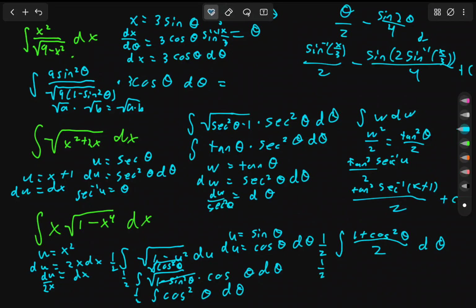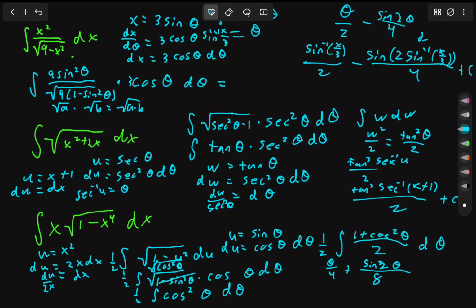So this becomes 1/2, and I'll distribute this 1/2 in there. So this will become theta over 4 plus, not cosine, because we're integrating, this will be sine of 2 theta divided by, well, we're dividing this by 2 times 2 times 2, that would be 8.